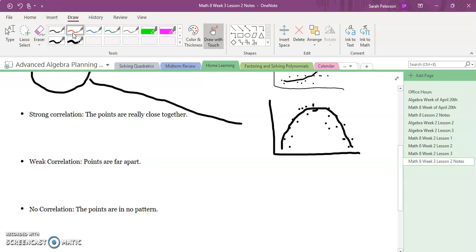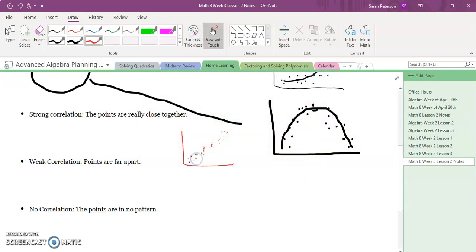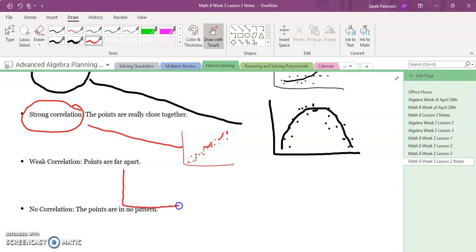In a strong correlation, so maybe I have a strong linear correlation, those points are going to be really close together. I'm going to make this pen a little bit easier to see. Okay, the points are really close together. That might be a stronger correlation. Say I have a nonlinear correlation, but I have a weak pattern.